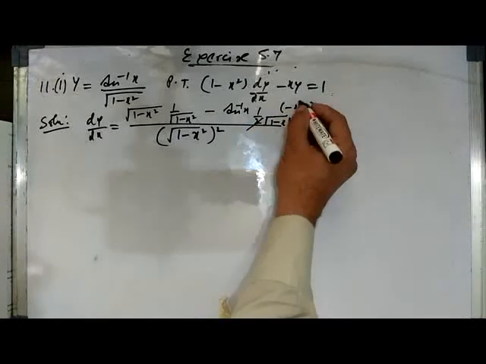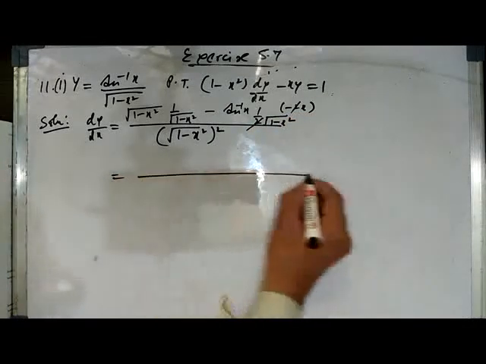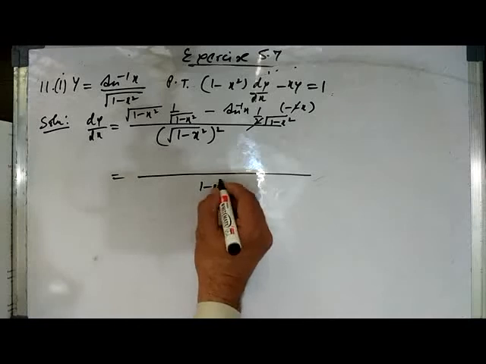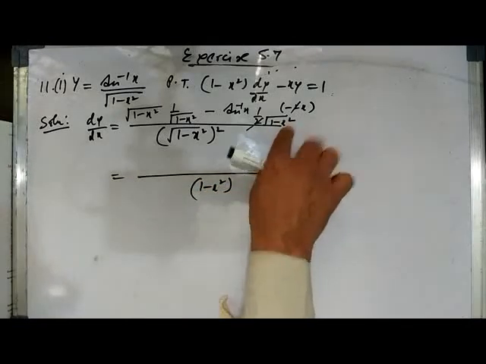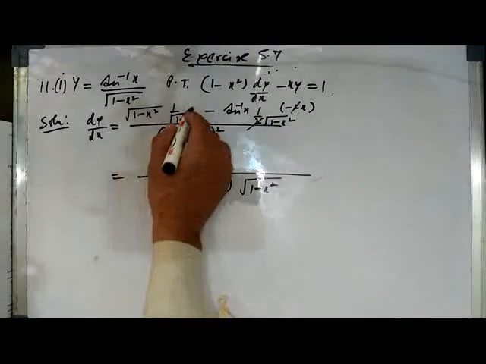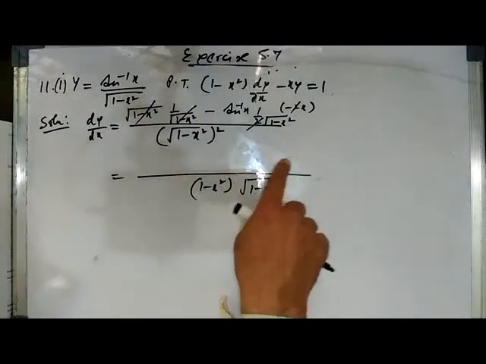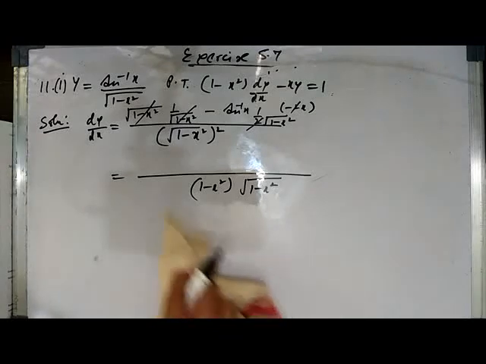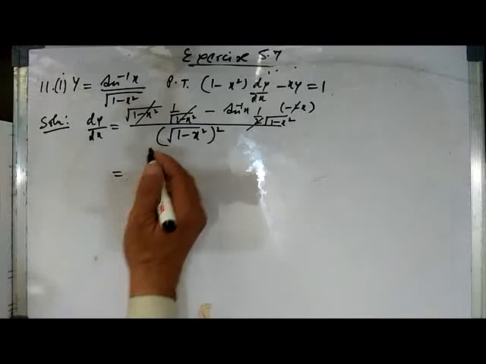You see what happens? The 2 gets cancelled, and here it is 1 minus x square. This being an LCM, reaches here. At the same time these two are cancelled also. Alright.